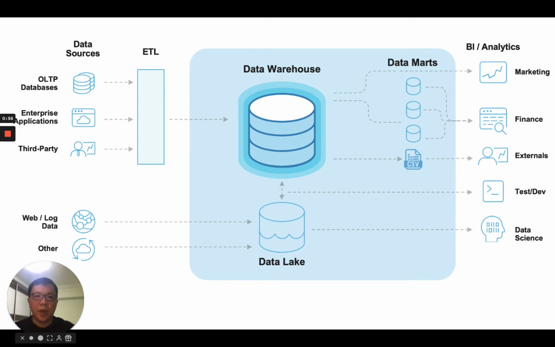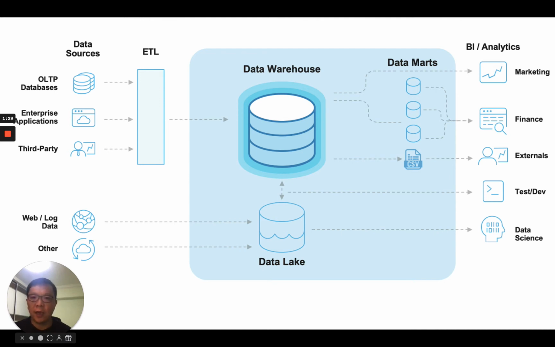This architecture diagram shows the modern data architecture in most organizations. In the center of it, there are mainly three systems. One is the data lake, which is normally used to load big data such as web logs data and some other systems, maybe IoT data.